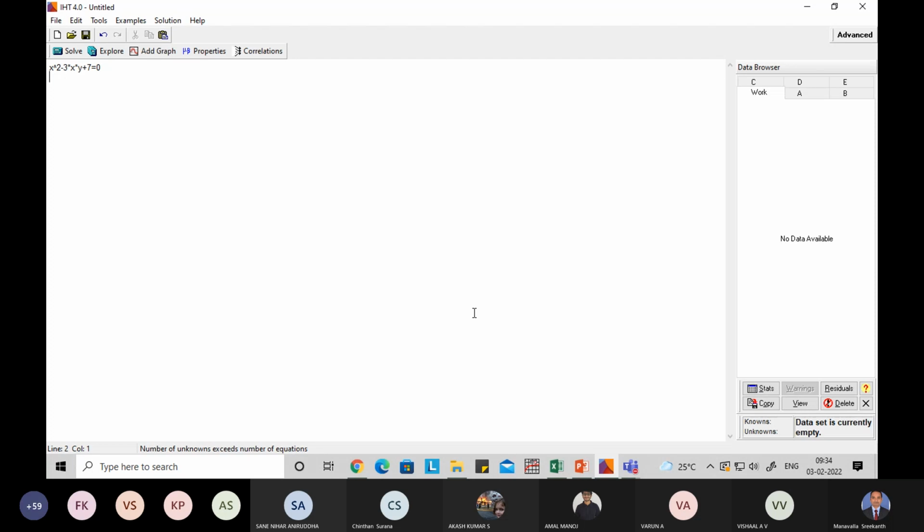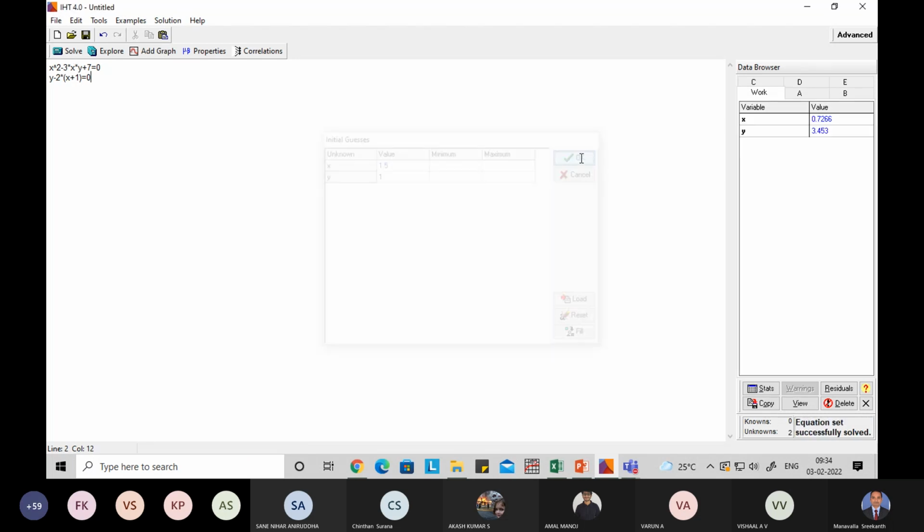The next equation is y minus 2 multiplied by. So these are the two equations. Now, these are two simultaneous equations. Solve them. I've solved it, and you have these answers here. So it has quite some power. There is non-linearity, and it may take some time to solve manually, but it has automatically solved it.